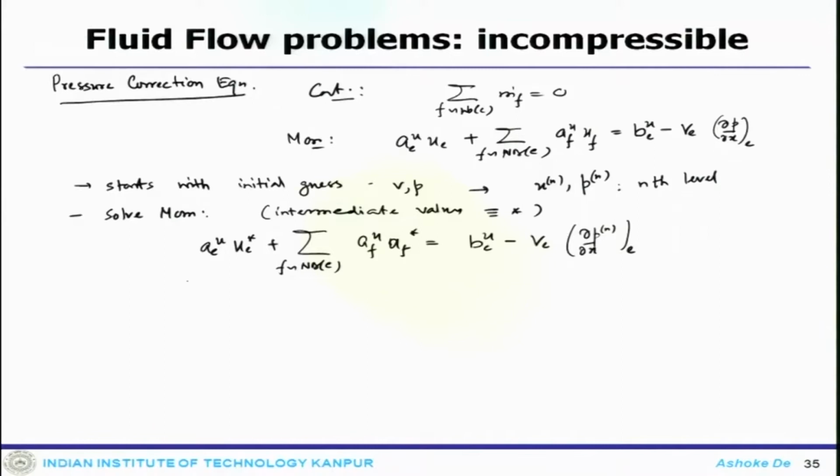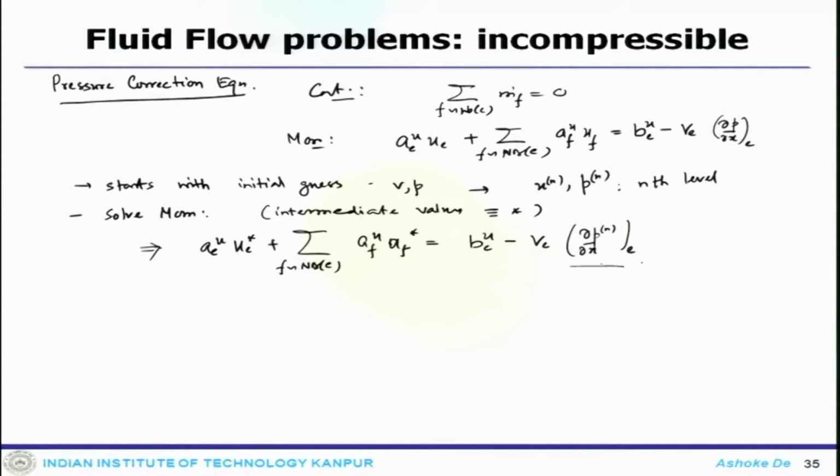In the intermediate calculation of the momentum field, you use the pressure value which is coming from the previous level iteration, which is the nth iteration.